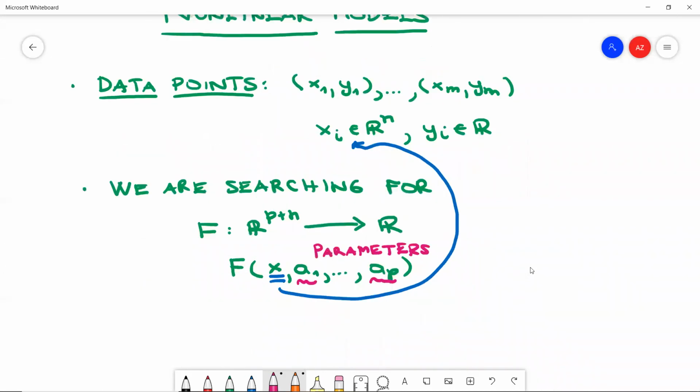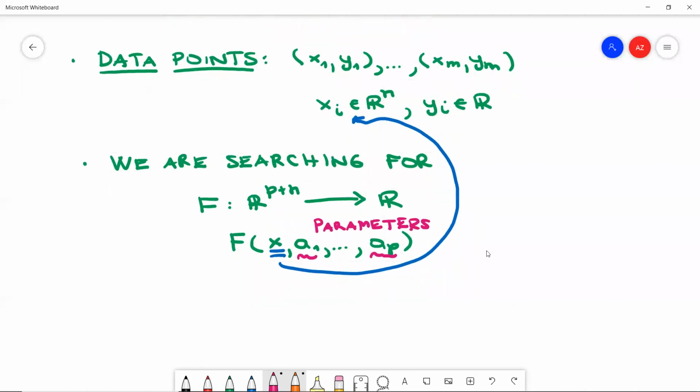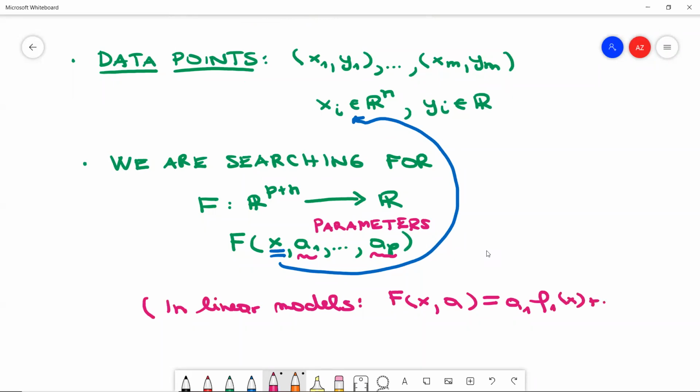If you recall from linear models, this function f was supposed to be linear in those parameters a1 up to ap. So let me just write this. In linear models, f of x in the parameters a was of the form a1 times some function phi1 of x plus so on plus ap times phi p of x.